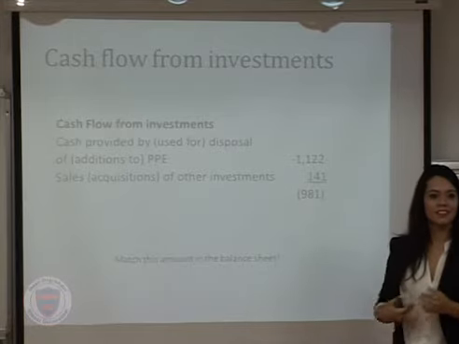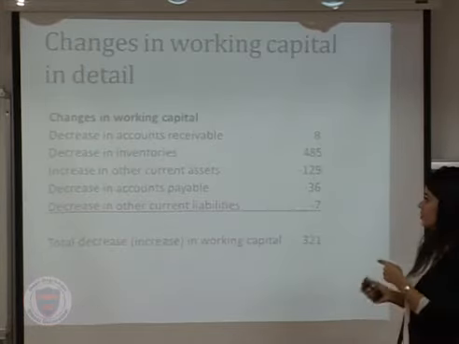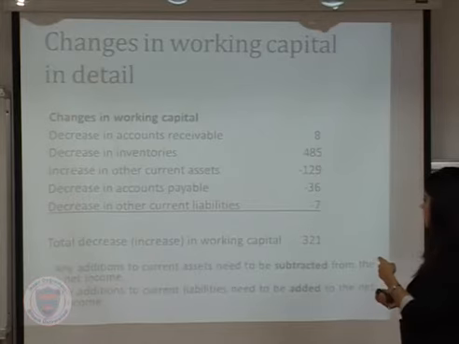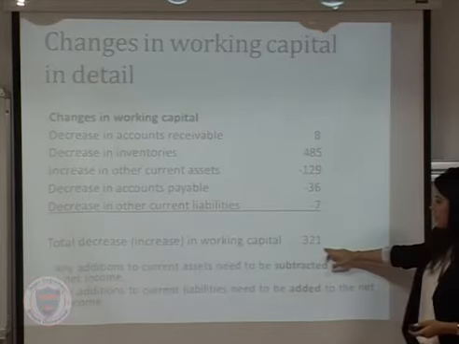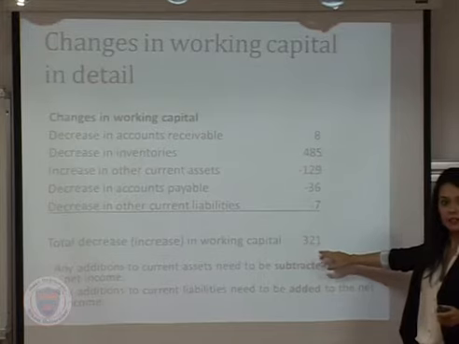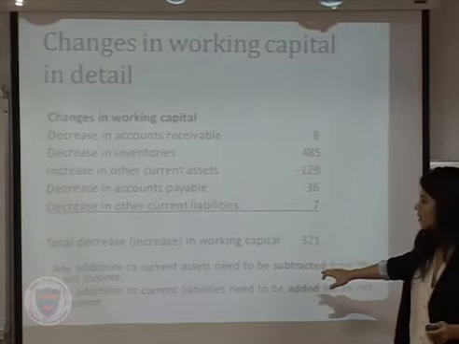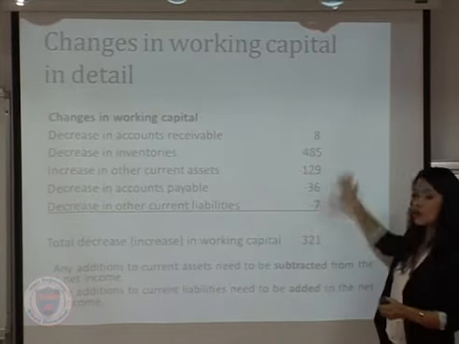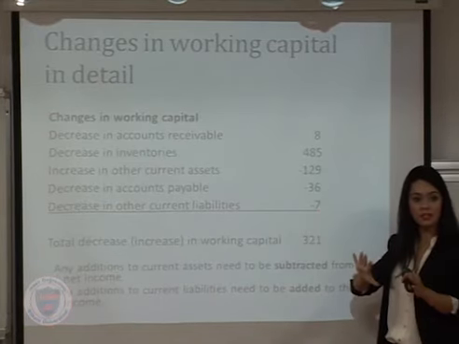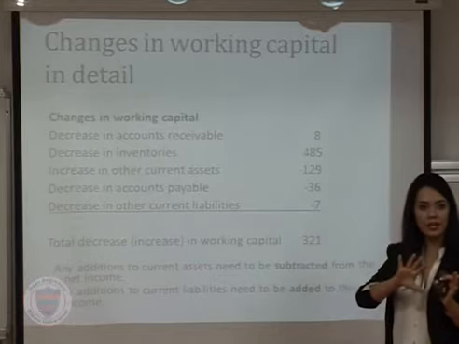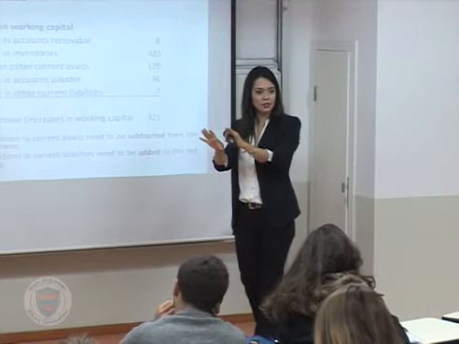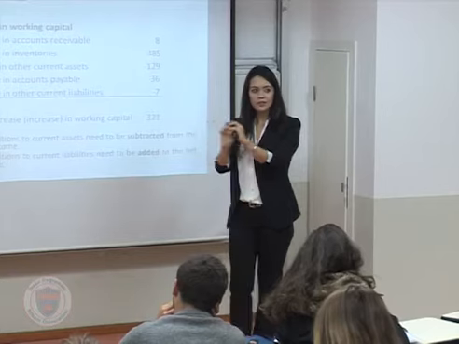Yes? Turn back to the previous slide. You had a cash increase of 321 here. Yes. Why are we writing a decrease in working capital here? So as a total, your working capital decreased, which is an increase in cash.